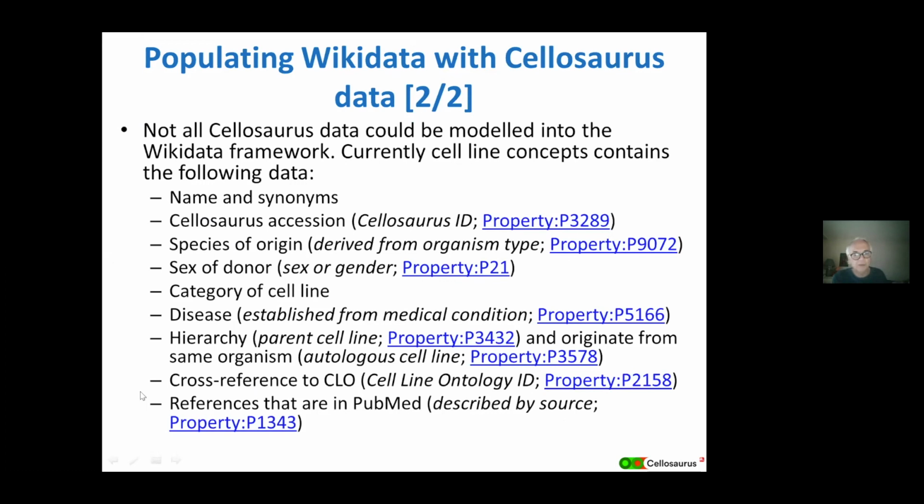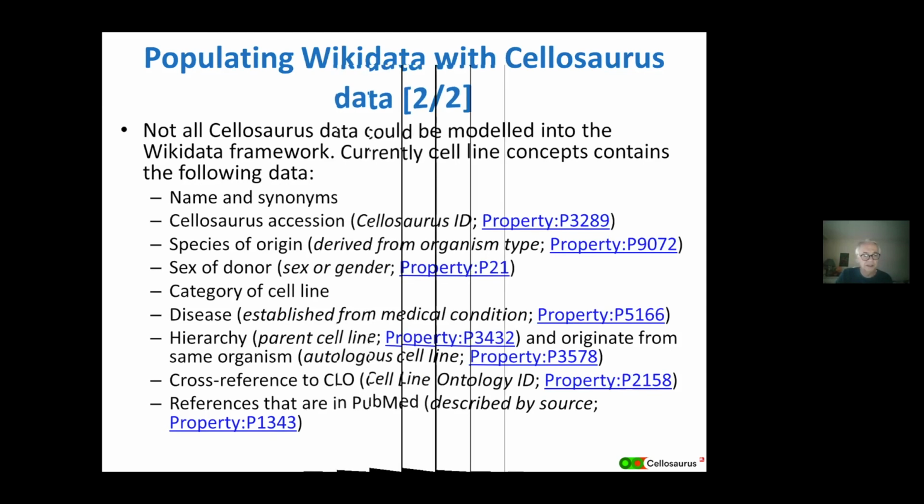And it's a work in progress, because maybe new types of data from Cellosaurus can be put into Wikidata if it's possible to model them in a way which is complete enough. For example, for disease, we needed to make sure that there were enough disease terms in Wikidata, which there are, with an NCI thesaurus term or an ORDO term. And in a few cases, we had to add those terms so that we could link to the disease.